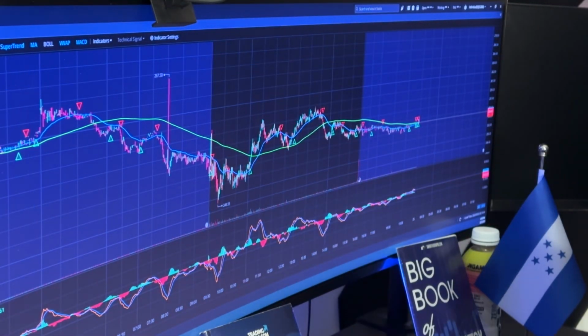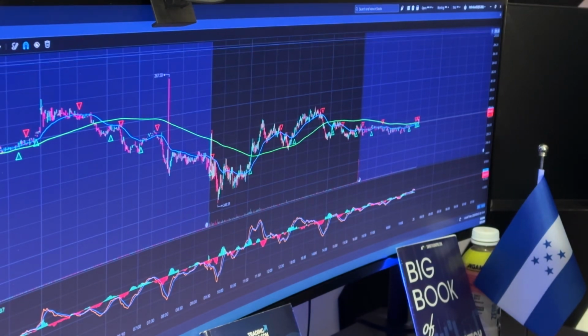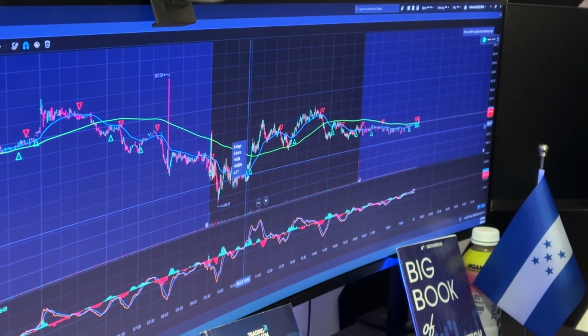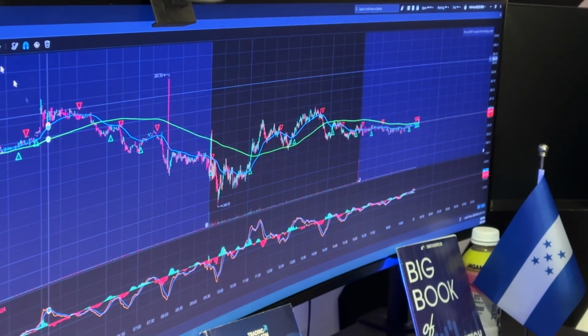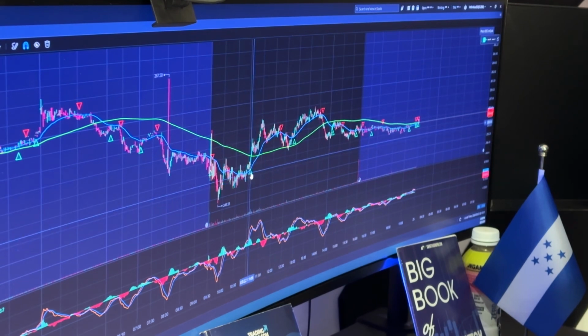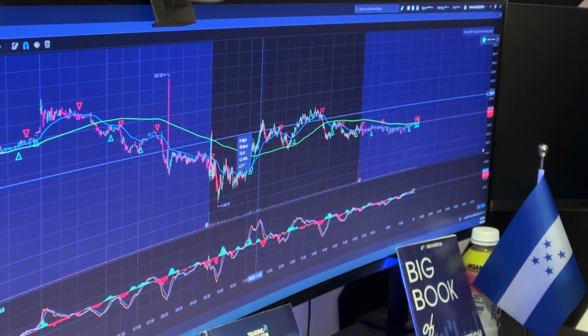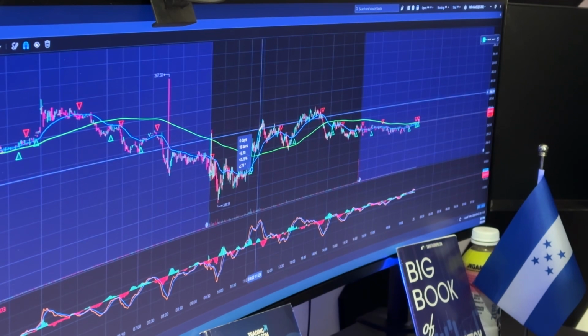So now, let's go ahead and take a chart. Let's go ahead and measure. Let's just say 2%. Simple as it is, let's go ahead and try to get at least 2%.